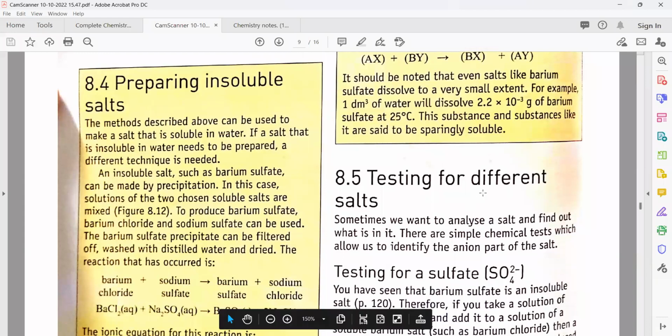Do you know what precipitation is? Any idea? No, okay, no problem. You can even do an experiment at home to see a precipitate. Take half a cup of milk and squeeze half a lemon into it.